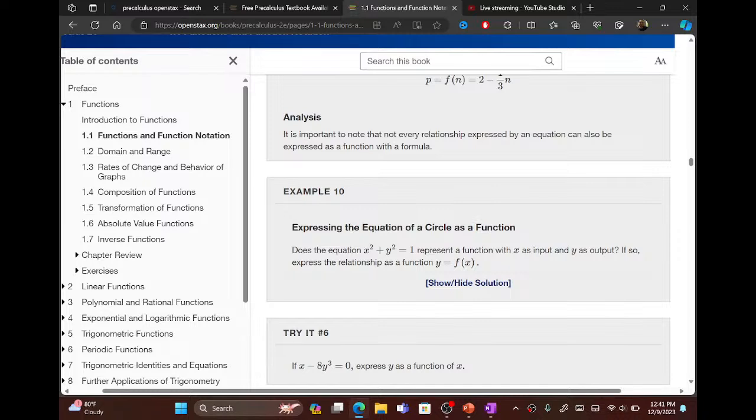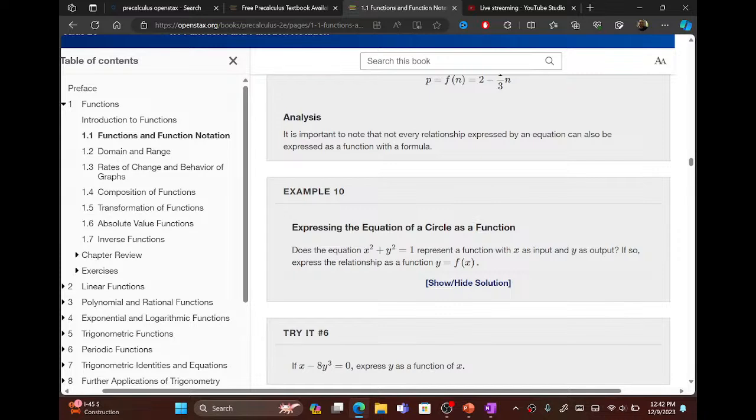Now this is where example number 10 gets a little bit hard. So I just want to emphasize something here. When we talk about functions and function notation, we do not want the y to be squared, because if it is squared or cubed or whatever, it is not going to be a function.